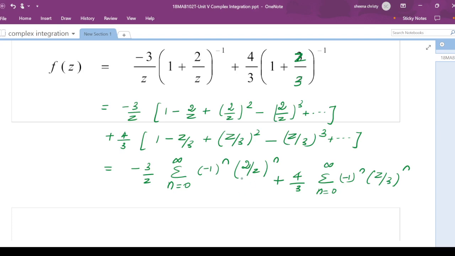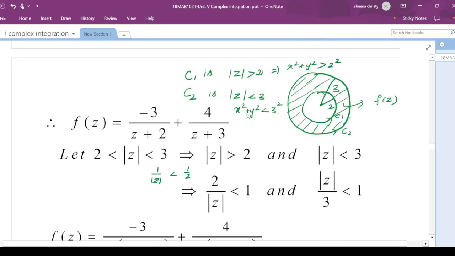So you can look at this series expansion of f of z. Here you are having negative powers of z as well as positive powers of z. That's why it is called Laurent series expansion. In the annular region, you will get negative powers of z as well as positive powers of z. Hope you understood.